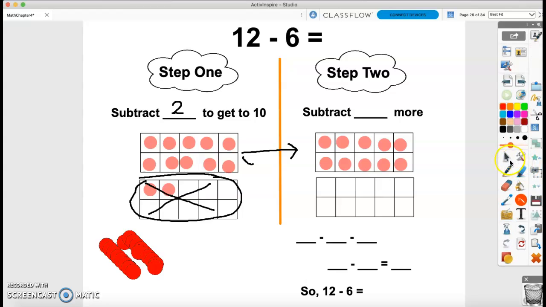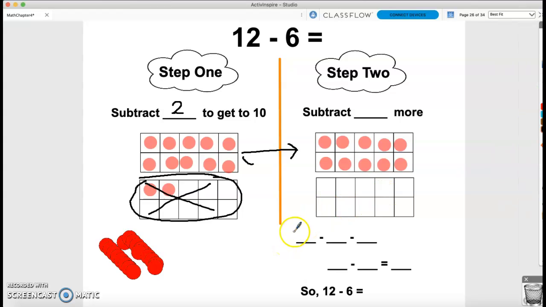So remember, so far we started with 12 and we've subtracted 2. We've subtracted 2 from 12 because 12 minus 2 is 10. We made it 10. So the number that we're breaking apart is 6. We are breaking apart 6 into 2 and something else.